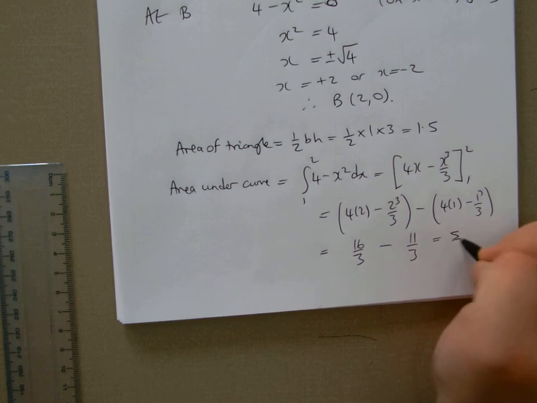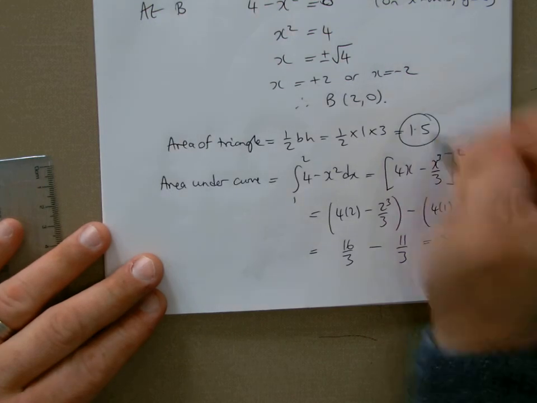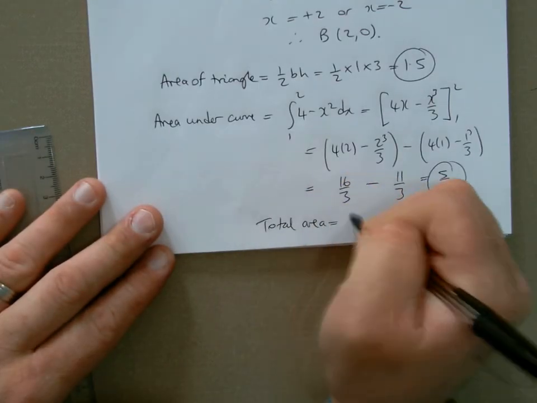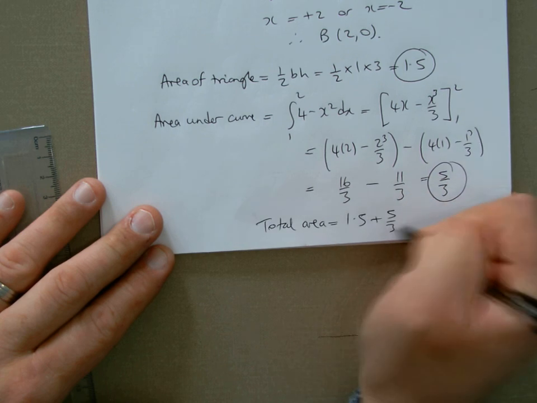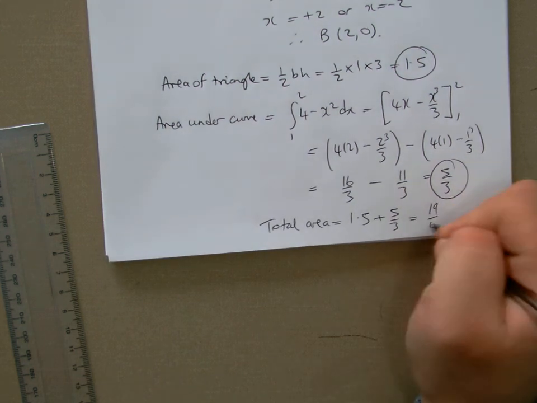So in total then becomes 5 over 3. So don't forget, I've got to add these, haven't I? I've got to add the two areas. So the total area is equal to 1.5 plus 5 over 3. And we'll leave that as a fraction. Comes out to be 19 over 6.